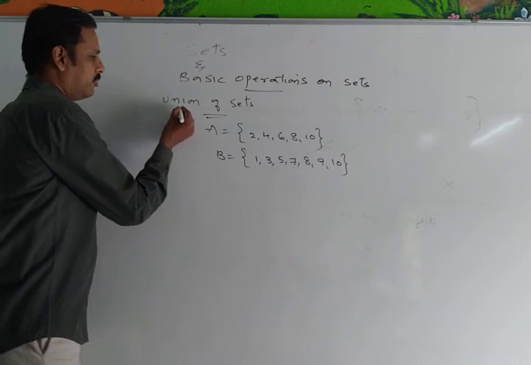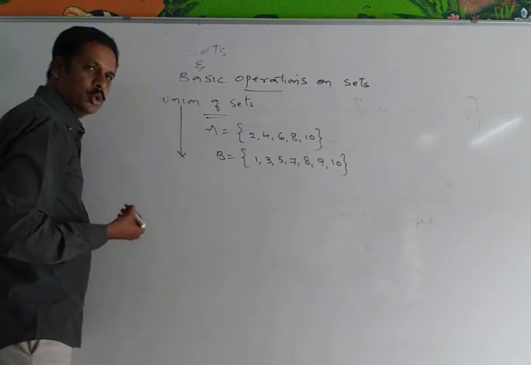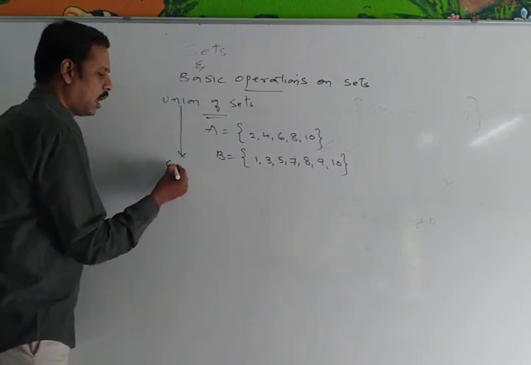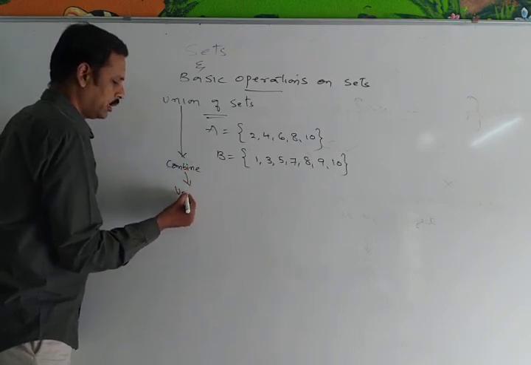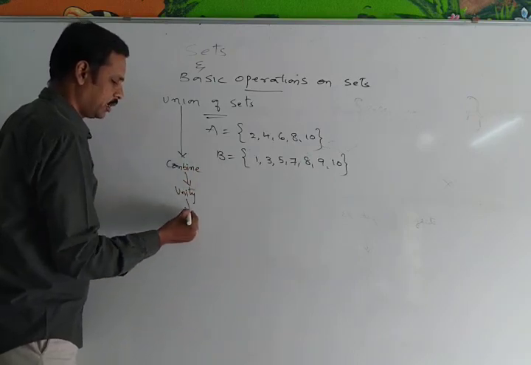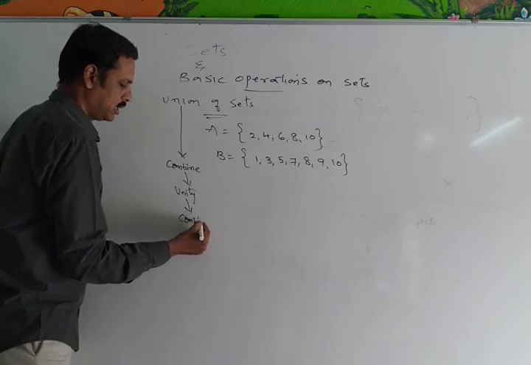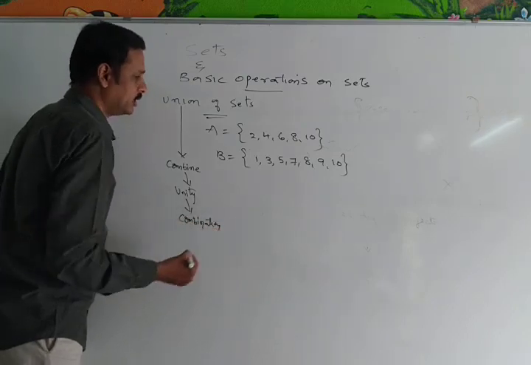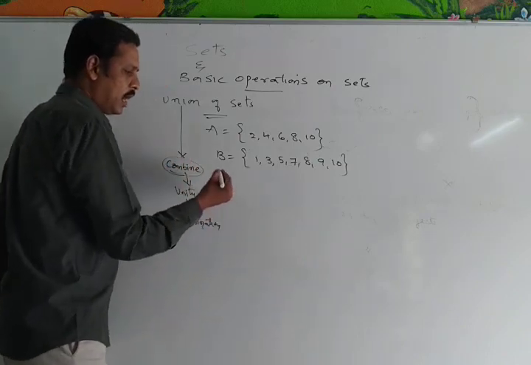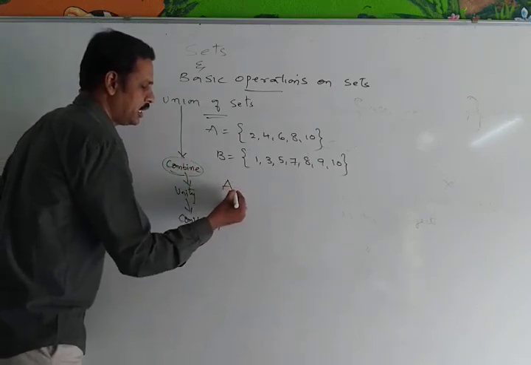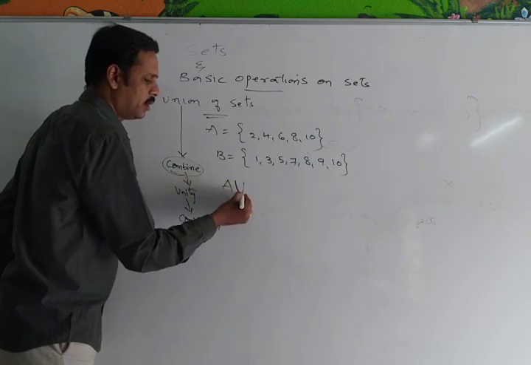So the name itself, union, denotes combine or unity, combination. So the name itself says the union of sets is nothing but combining the two sets. And it is denoted by A union B. This is the symbol for union.